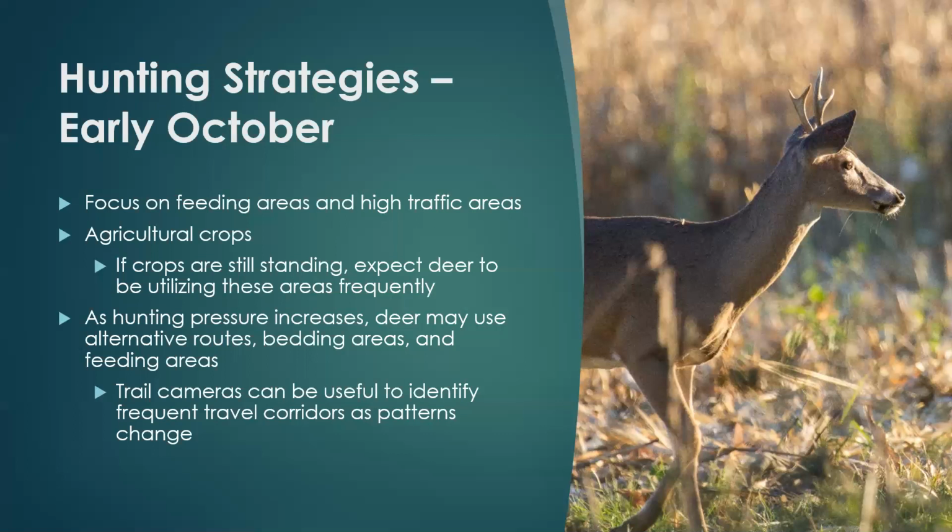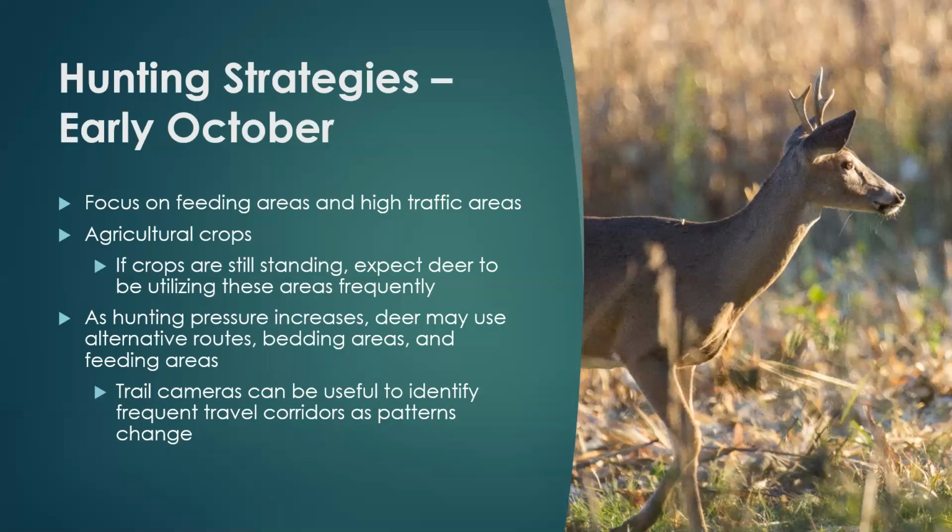So what I'm going to do is focus on these feeding areas. Typically in early October, the acorns haven't really started to drop yet, so in a lot of cases you're going to be focused on ag fields, whether it's corn, soybeans, or some other crops. A lot of people, when they hear that, are like, well, crap, I hunt public land.